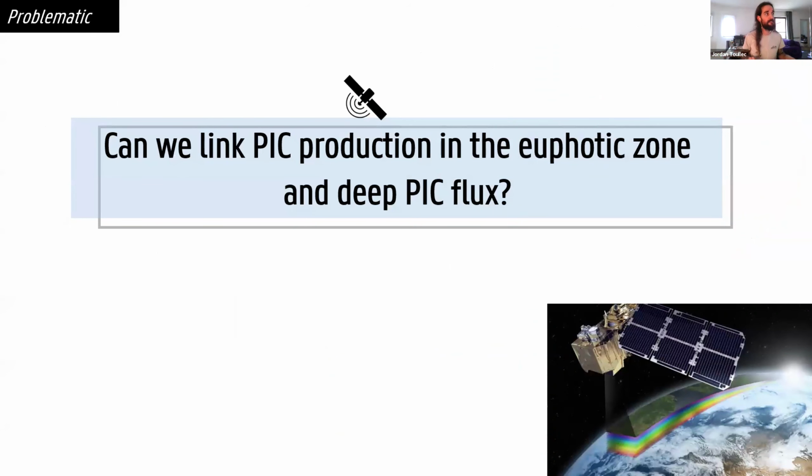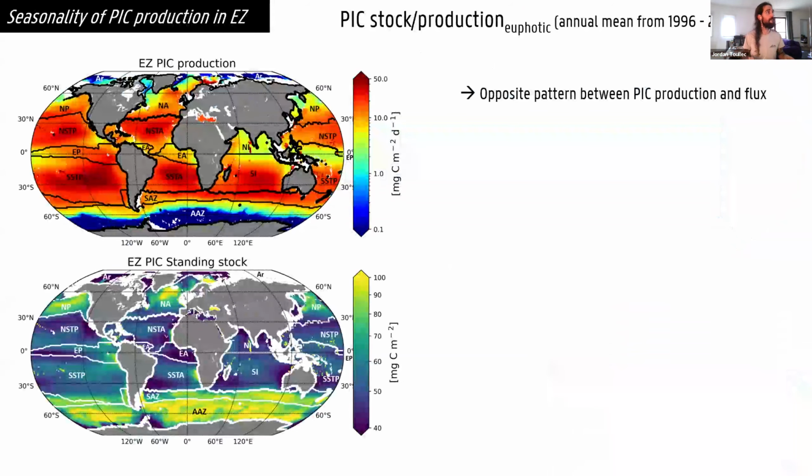My question for this ongoing work is the following: can we link PIC production in the euphotic zone and deep PIC flux? On these two maps, it's annual euphotic zone PIC production on the top and euphotic PIC standing stock on the bottom, based on remote sensing.